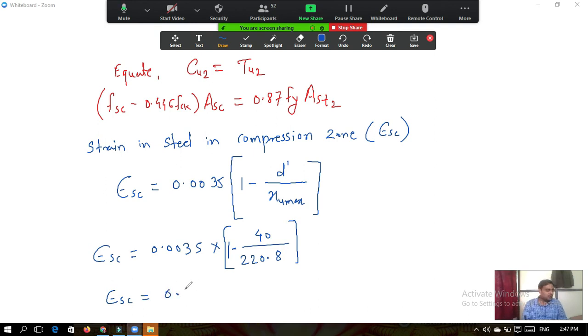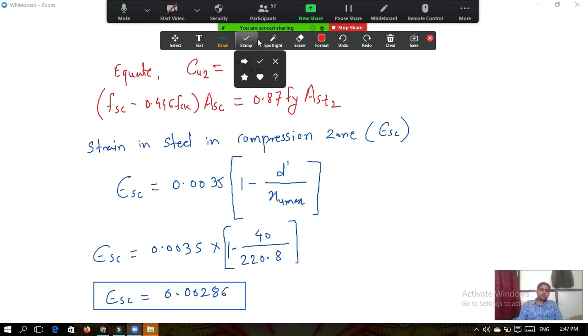Minus 3 is there, no? So this is the strain. Okay. Now we got the value of this strain. From this strain, now we need to calculate what is the value of stress.